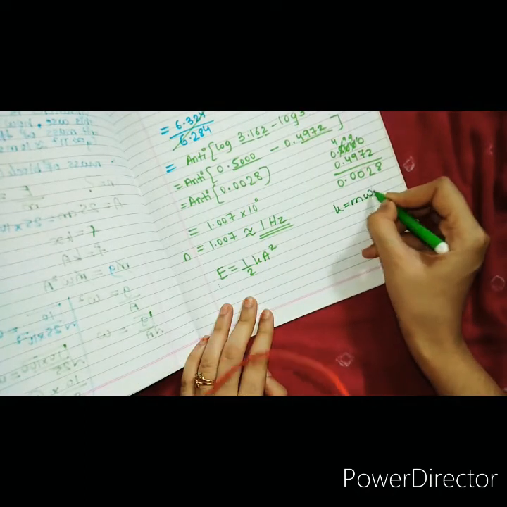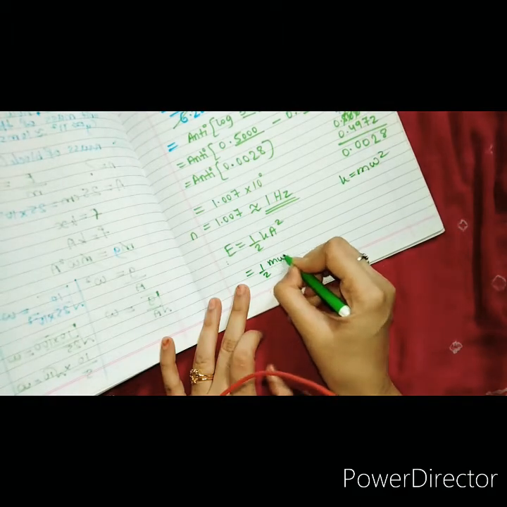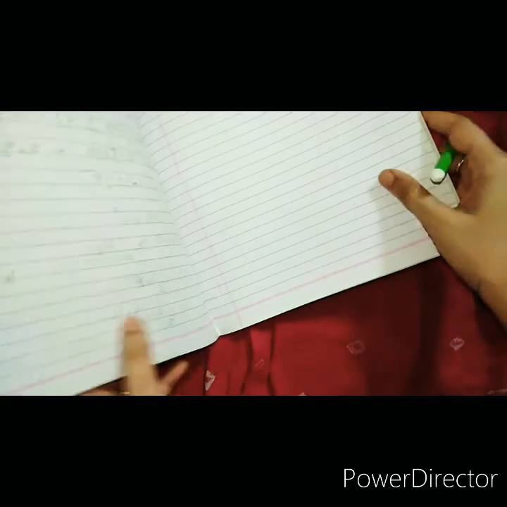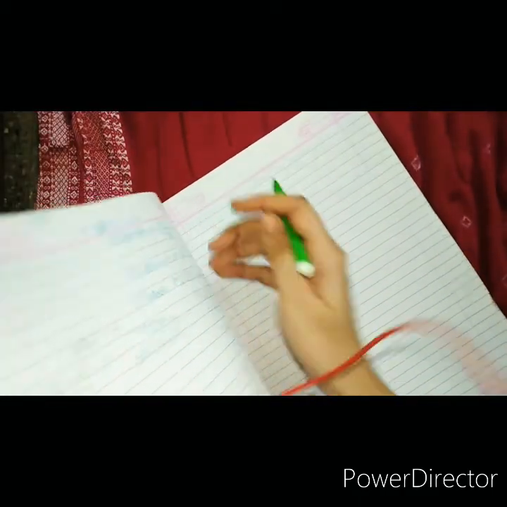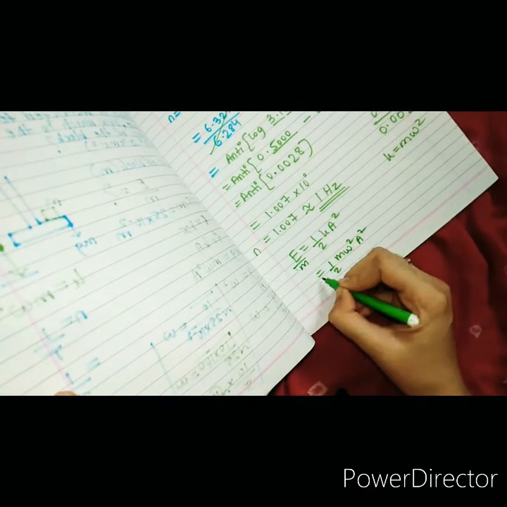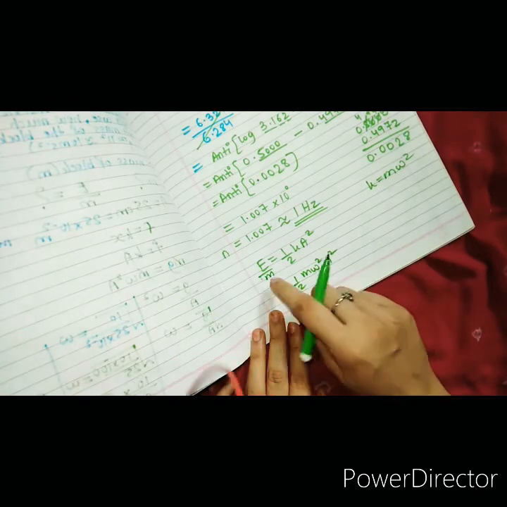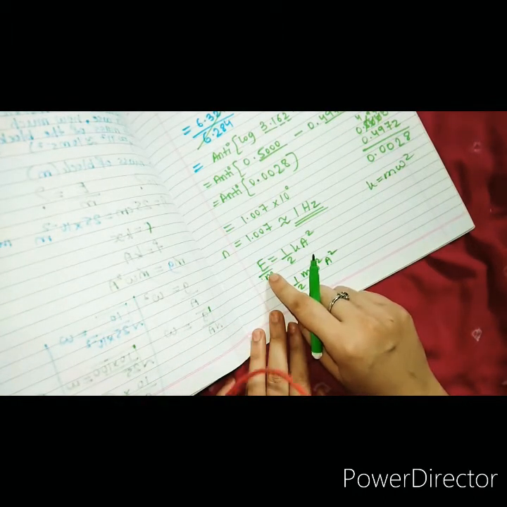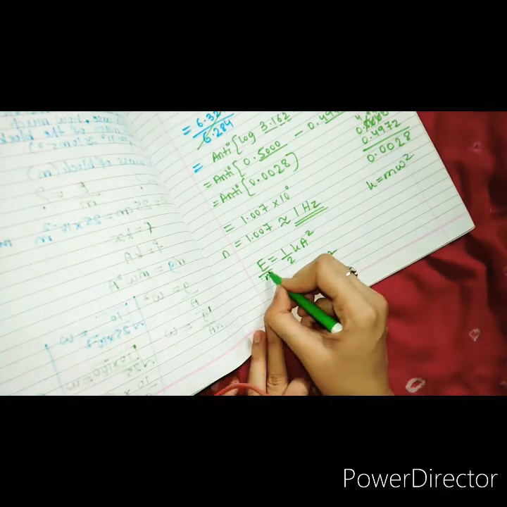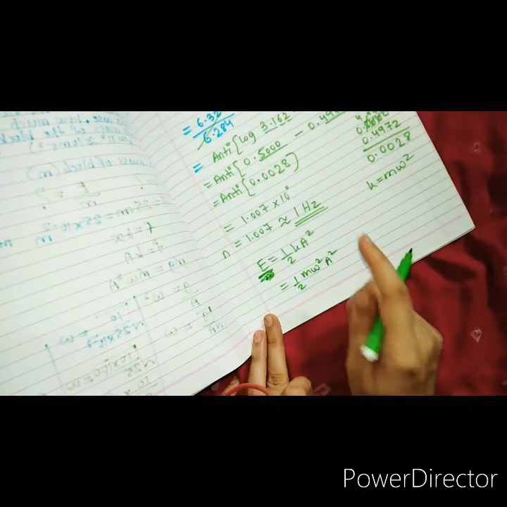What is K? M omega square, right? So we'll be substituting half m omega square and a square. We'll do the calculation and then we'll get the value of energy per unit mass. Now, what is asked to me? Energy per unit mass is asked to us, right? So this is the formula for energy, that is half K a square.